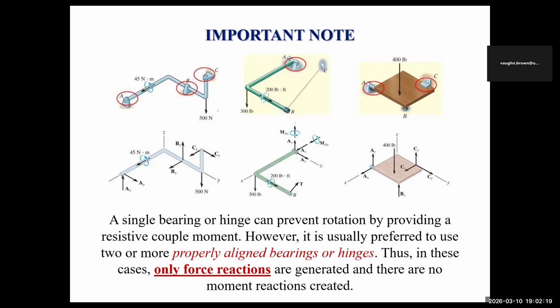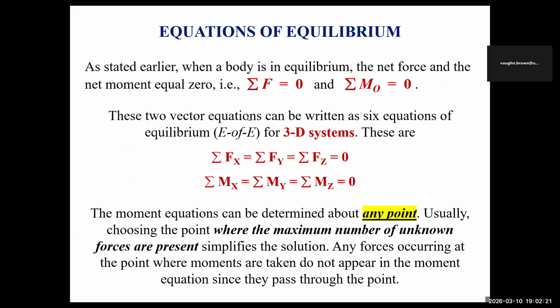All right. So in these cases, you apply your equilibrium equations. 2 vector equations can be written in 3D. So you can write the sum of forces in X equals 0, sum of forces in Y equals 0, sum of forces in Z equals 0. And similarly, you could write the moment equations for these equilibrium systems.